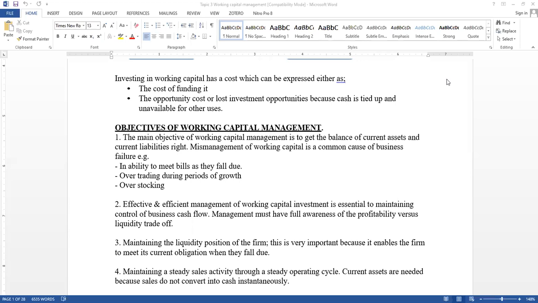So one of the objectives of working capital management is that you want to ensure that there is a match between these two. Your current assets are matching current liabilities, but which in most cases is a little bit hard. You see, saying it might be easier, but now I give you to draw an individual balance sheet.